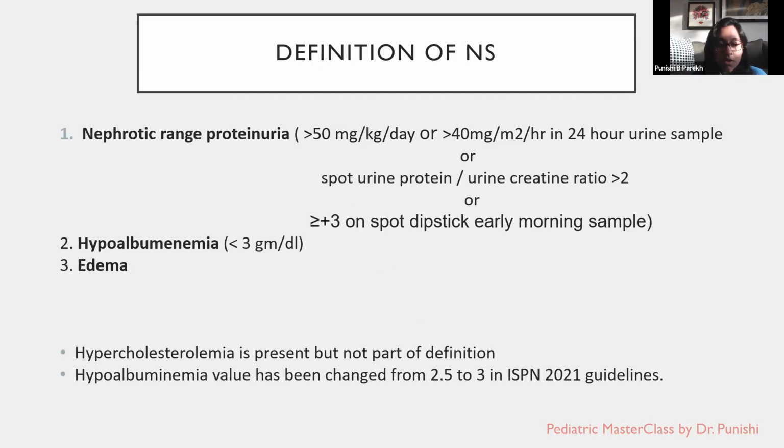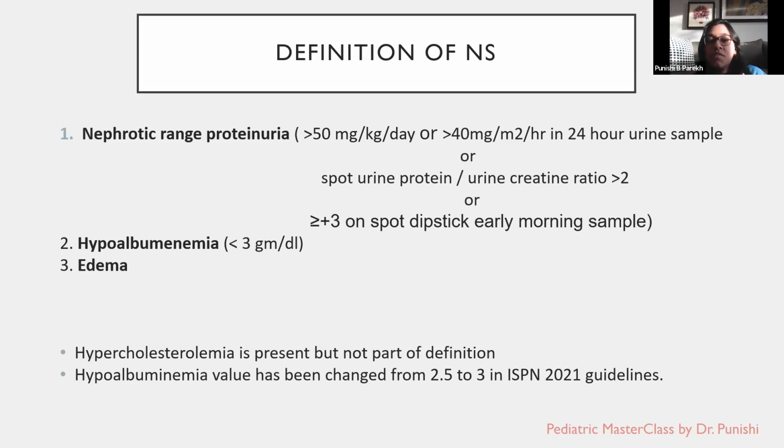So, nephrotic range proteinuria, why is it called nephrotic range? That's because the amount of proteinuria that you see in nephrotic syndrome is massive. A lot of protein is being lost in the urine, and the range is so high that it's called nephrotic range proteinuria.